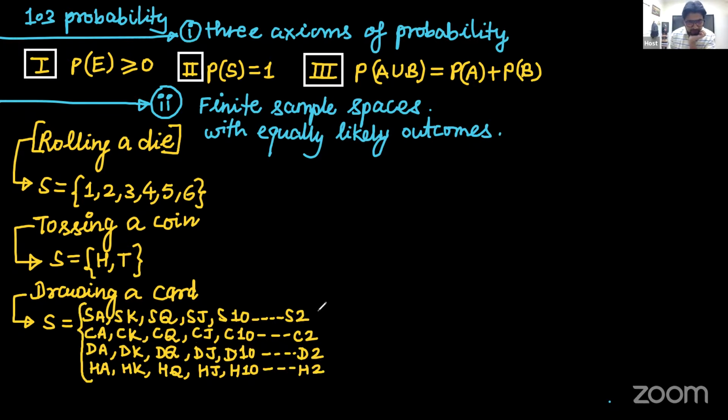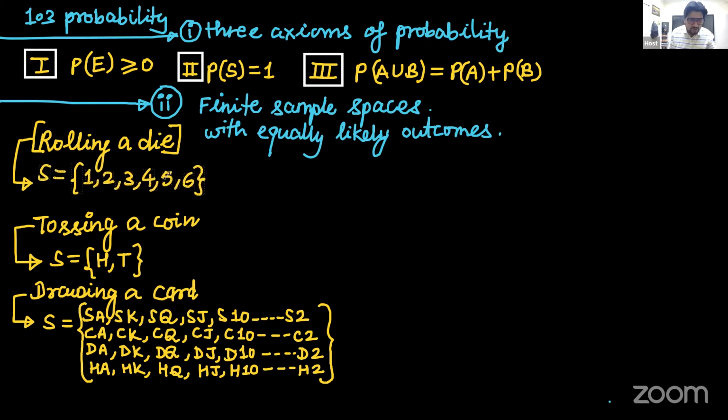So what is the sample space? The sample space has 52 possible elements, and each element of the sample space has exactly the same chance. We call it an equally likely outcome.